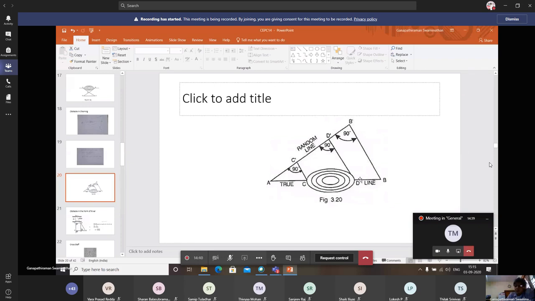Suppose this is the 100 contour, 90, 85, and what does it represent? It represents a ditch or a pond. You understand that? A ditch or a pond.